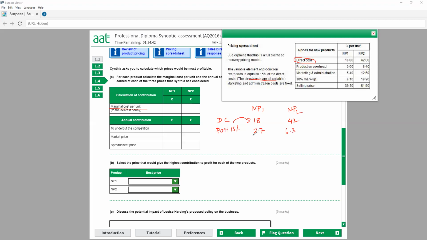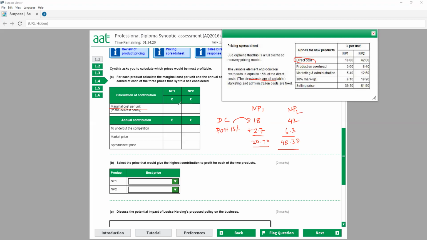That's my variable overhead. If I add 18 plus 2.7, this gives me 20.70. And if I add 42 plus 6.3, that gives me 48.30. So that's my marginal cost.